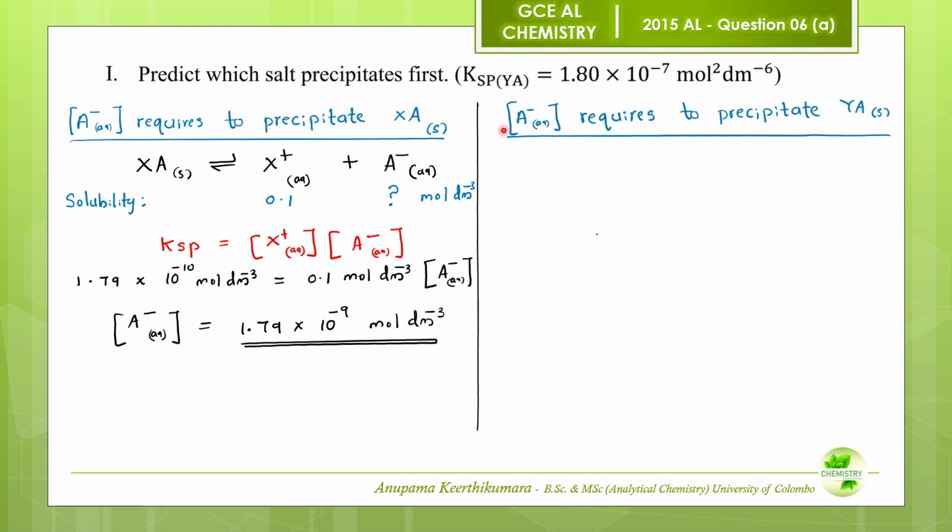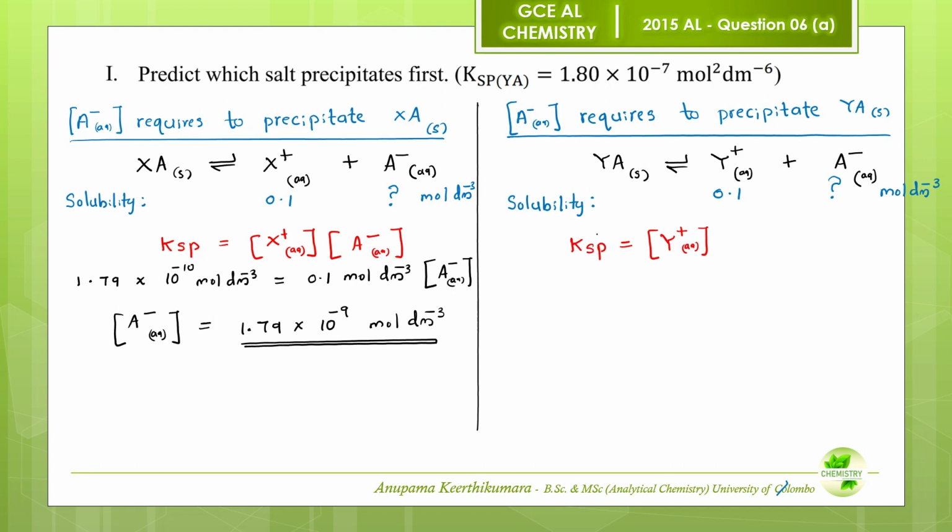Next, we will calculate the concentration of A minus ions required to precipitate YA. Solubility of aqueous Y plus ions is 0.1 moles per cubic decimeter, and we need to find the concentration of A minus ions. We will write the Ksp expression. Ksp equals Y plus ion concentration times A minus ion concentration. Substitute values into this expression.